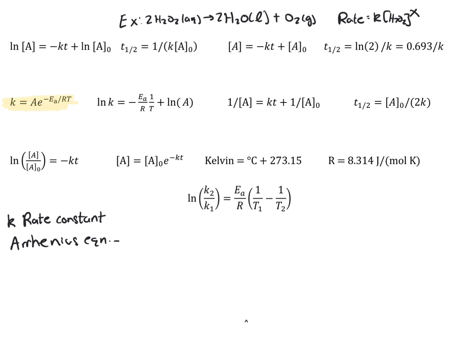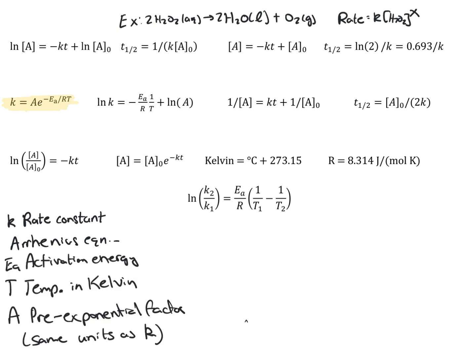So note that since this is the case where we're thinking about temperature and activation energy, these equations all have these certain variables. So they all have EA. The Arrhenius equation introduces these variables. So EA is activation energy. The unit there, normal SI unit, would be like joules per mole.